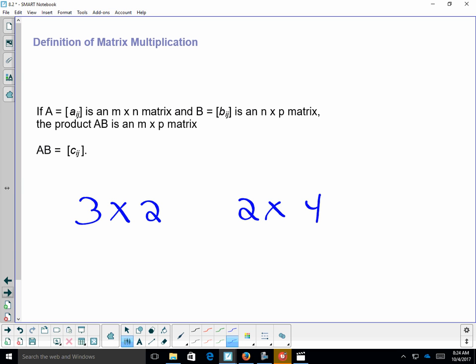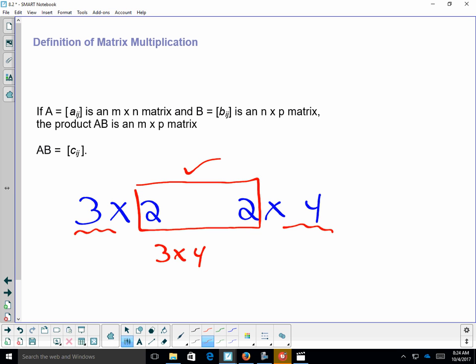In order to do multiplication for matrices, these two have to match. So if I multiply those two, I'm going to get an answer that's a 3×4, and that answer comes from what's left outside. These two have to match in order to do it, and then the outside becomes my new dimension.